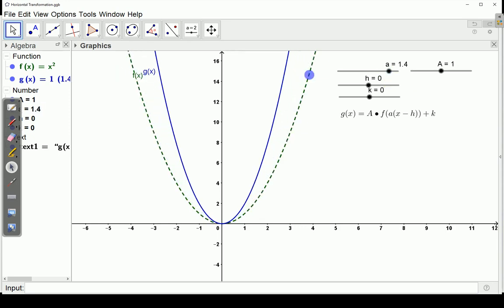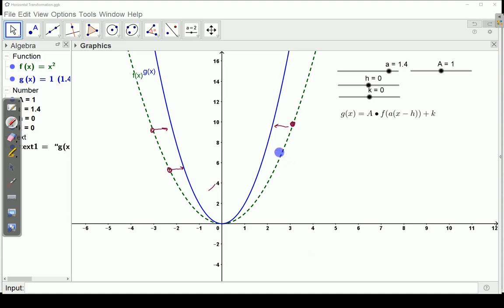So this is a horizontal shrink because the point here was shrunk in horizontally, and we're only thinking horizontally. So this point here was pulled in. This point here was pulled in.